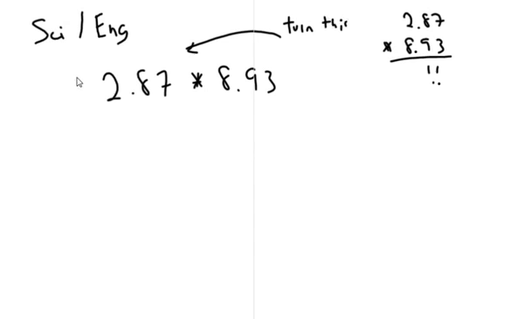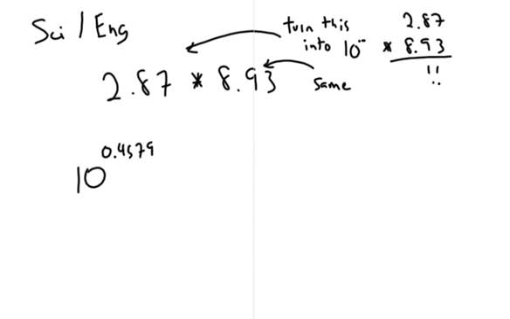So what we're going to do is, via some clever math here, we're going to turn this number, 2.87, into a power of 10. And we're going to do the same thing for this one. You're like, why in the world would you want to do that? Well, because we can turn this annoying multiplication problem into an addition problem. And that's always a good thing.